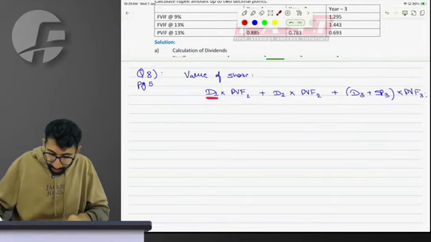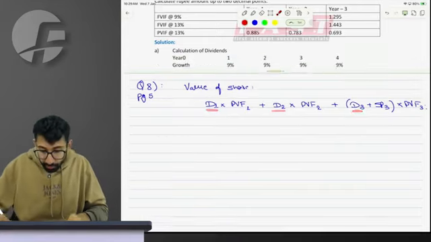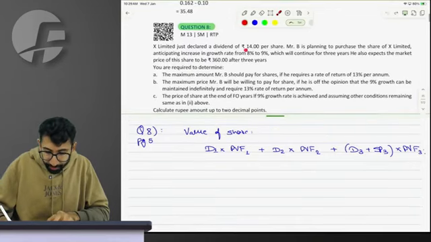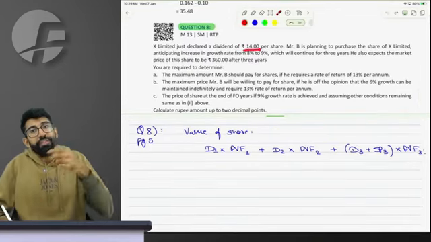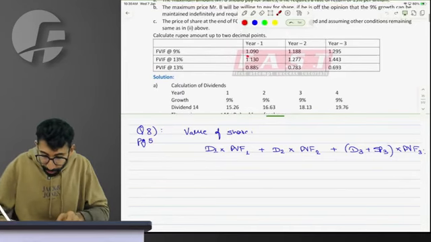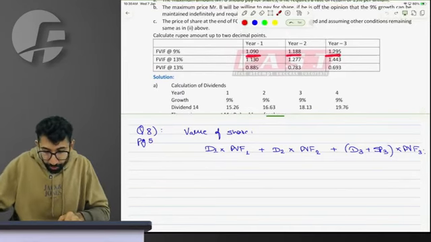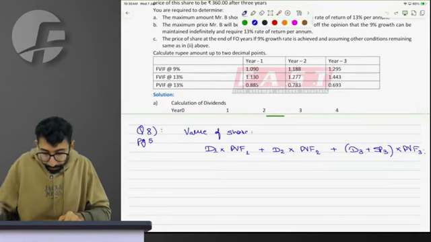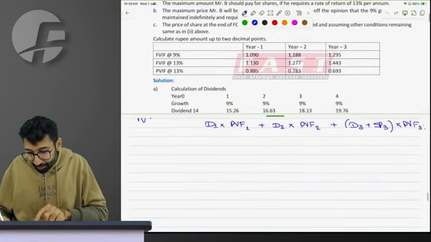Sir, have we been given D1, D2 and D3? No, sir. We have been given D0. But with the 9% growth rate, what should it be? The future value factors have been given to me. Perfect. So can we calculate it first? Yes.